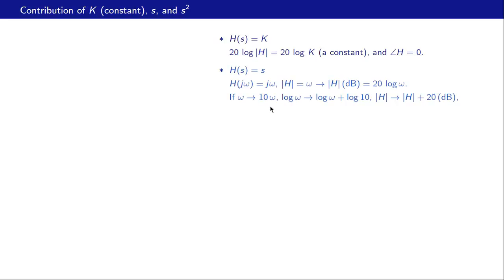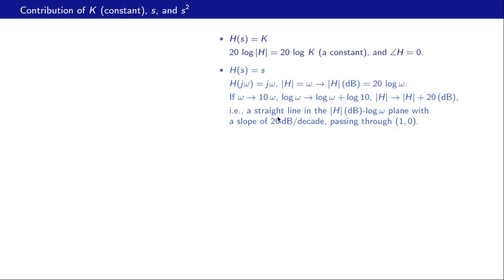How do we figure out the slope? Let omega go from omega to 10 omega. What happens to log omega? It goes from log omega to log omega plus log 10. So this part will go from 20 log omega to 20 log omega plus 20. That is, the h magnitude will go from the old value of h plus 20 dB. So that means the slope is plus 20 dB per decade.